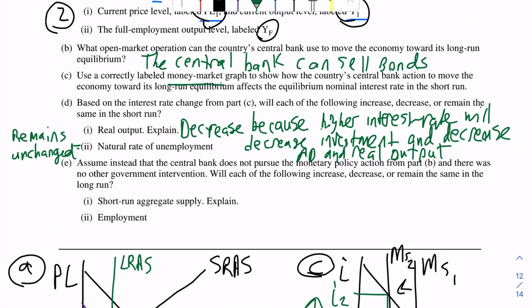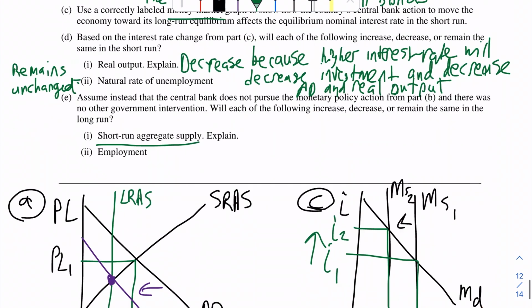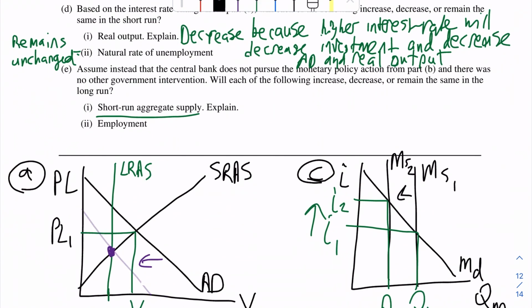Now, assume instead that the central bank does not pursue monetary policy from Part B and that there was no other government intervention. Will each of the following increase, decrease, or remain the same in the long run? So here's the deal. What's going to happen to this short run aggregate supply curve? Currently you're in an inflationary gap, so prices are high.